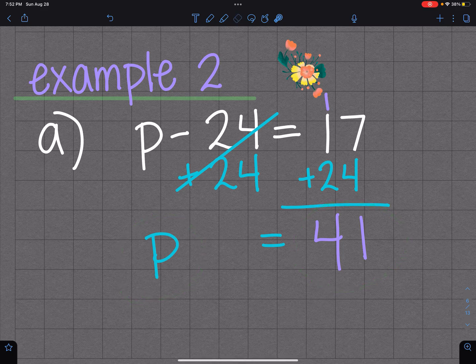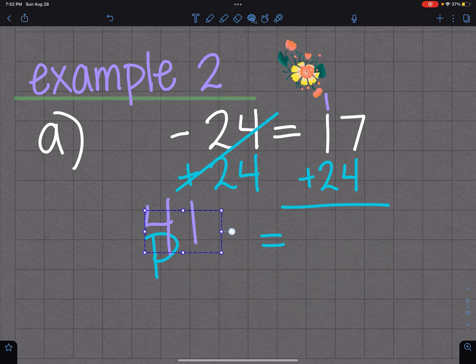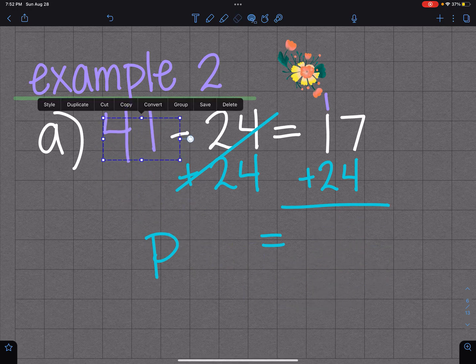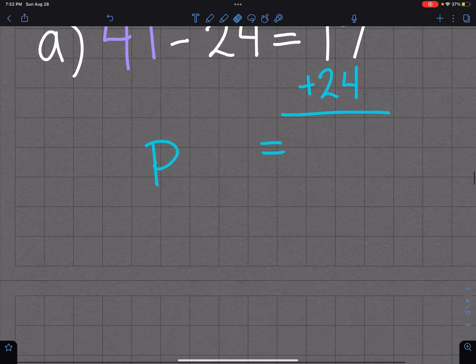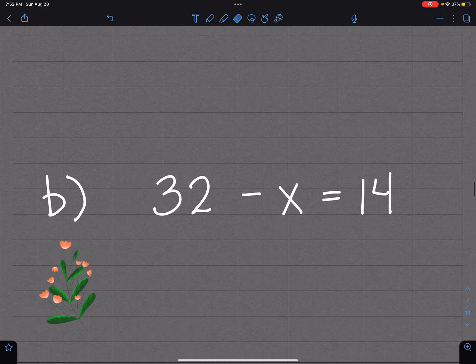So I should be able to erase this p and plug in 41 to where that was, to the original problem. And I should be able to see, does 41 minus 24 equal 17? And turns out it does. So we got it right. Easy peasy. Let's do the next example.